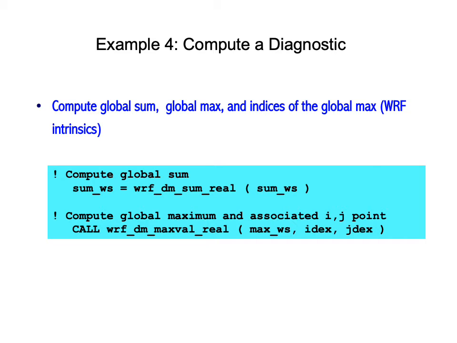So every one of the MPI processes will send the individual sums to the master node, and then the master node returns from this function the total domain-wide sum. Similarly, WRF DM max val real not only gives us the maximum value, but it returns the I and J index of those maximum values. This is a subroutine. We have more than one argument that needs to be returned.